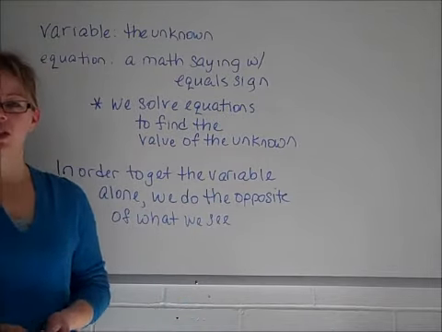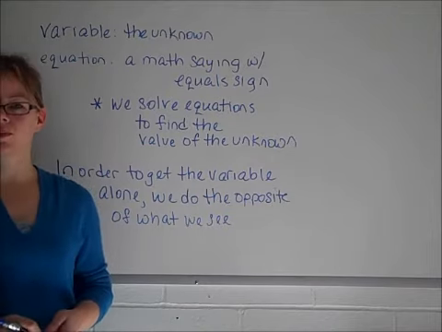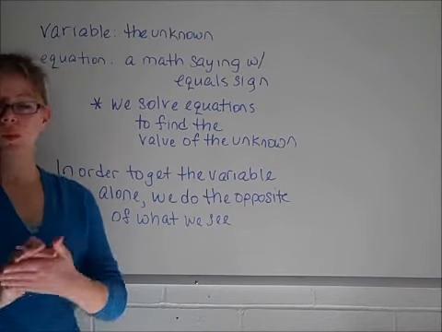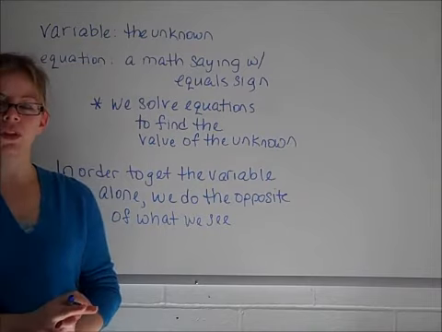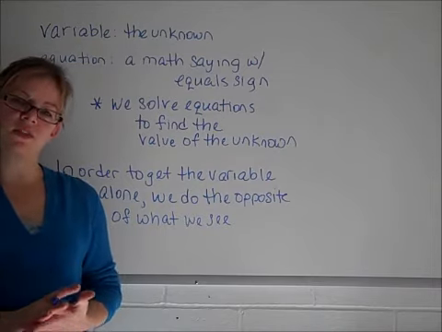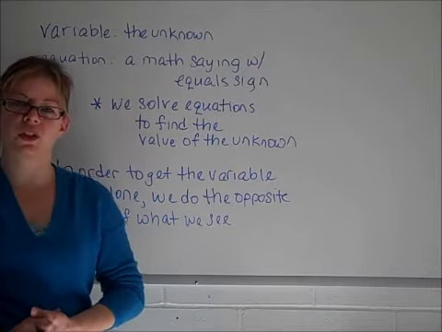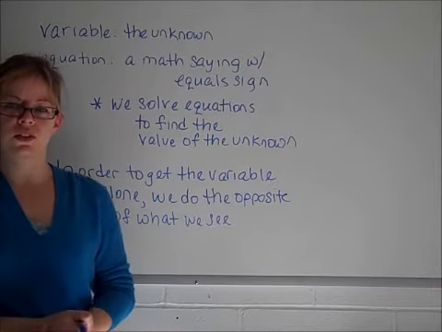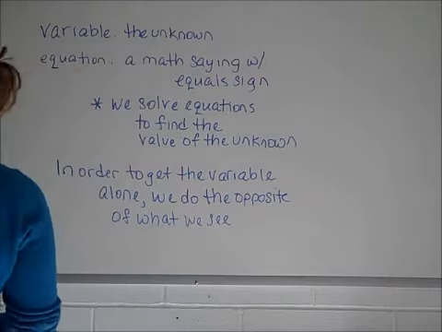So, if we see addition, we're going to do subtraction. If we see subtraction, we're going to do addition. And remember that our goal every single time is to isolate the variable. We want the variable to be alone on one side of the equation and everything else to be on the other side. Let's try some examples.